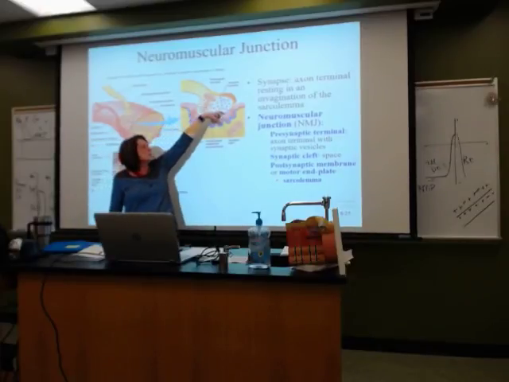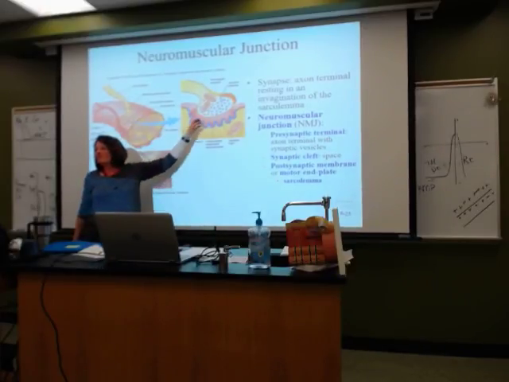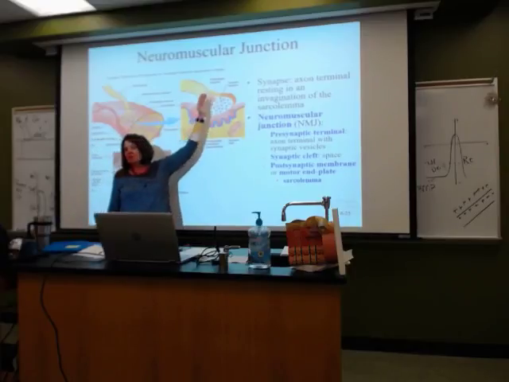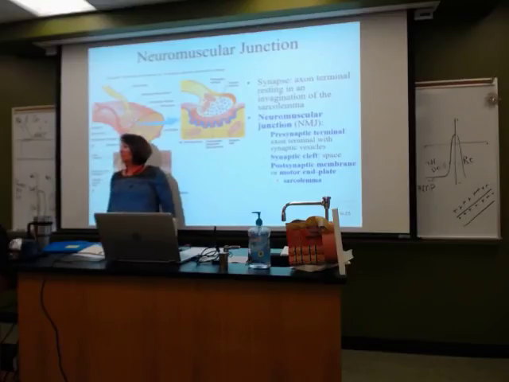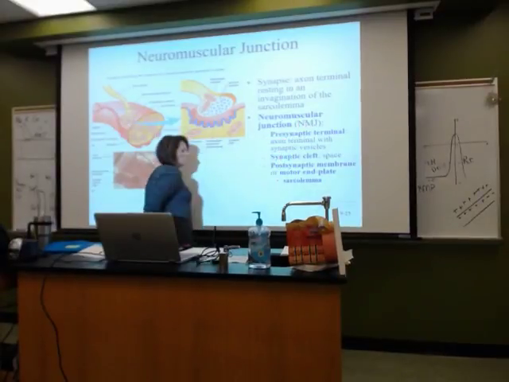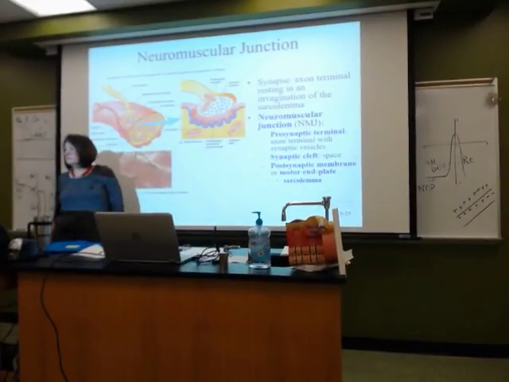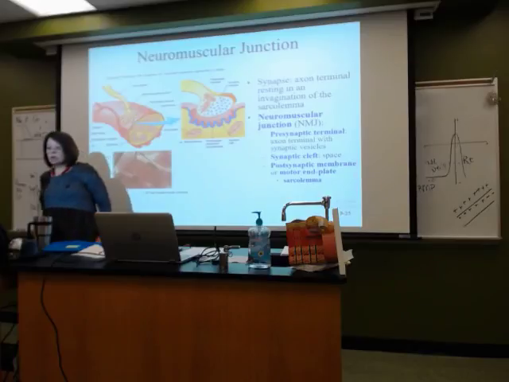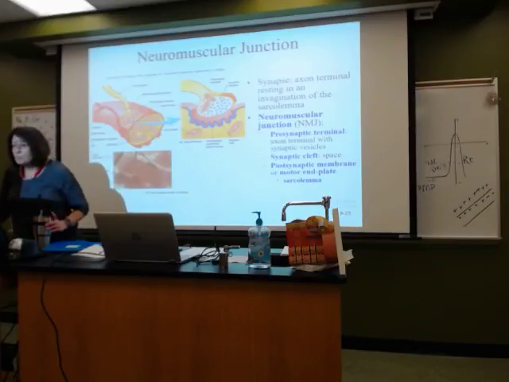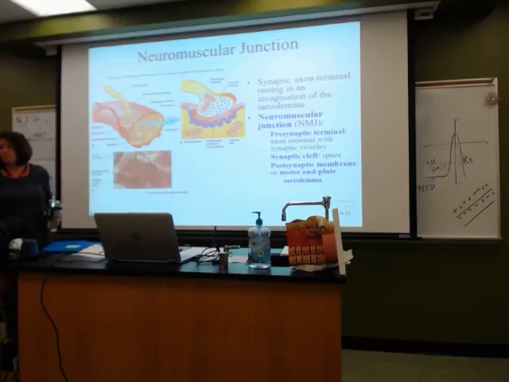And if we had the release of all of this acetylcholine, and then all those gates open, and all that sodium rushes in, well, what do you think is going to happen on the other sides of this area that we have? Which ones are they going to open? They're going to open the voltage-gated.